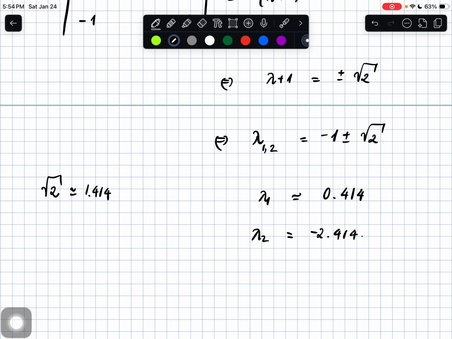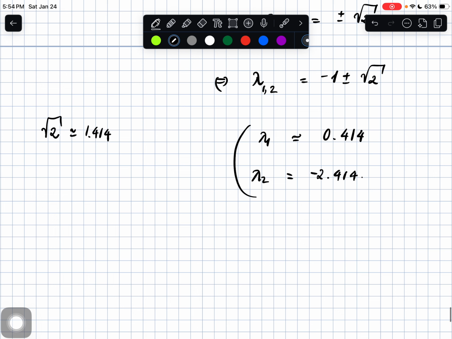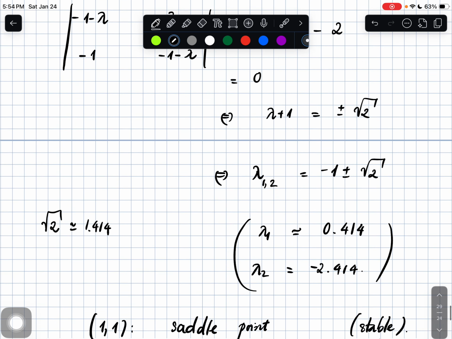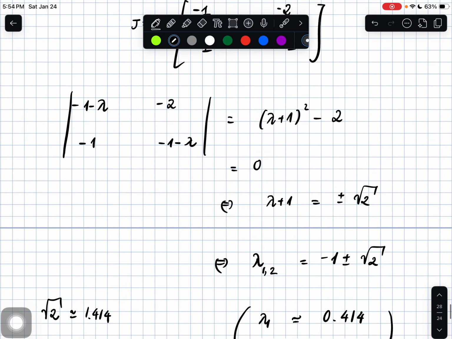So this one we have a saddle point because they are real of opposite sign. 1, 1 is a saddle point. And because it's a saddle point, it is unstable. So now let's find the eigenvectors.